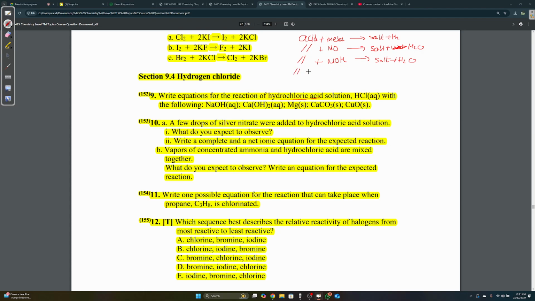Also, acid plus metal carbonate gets you salt plus carbon dioxide gas plus, I think it was water. Wait, let me check. Yeah, plus water as well. Yeah, that's it. Okay, so if you apply these to here, you're going to get the correct answer.